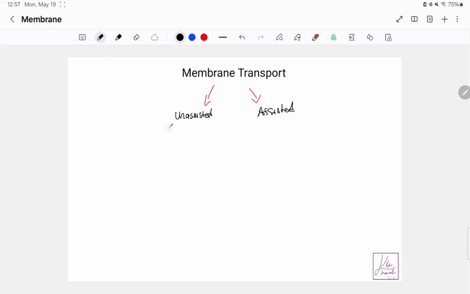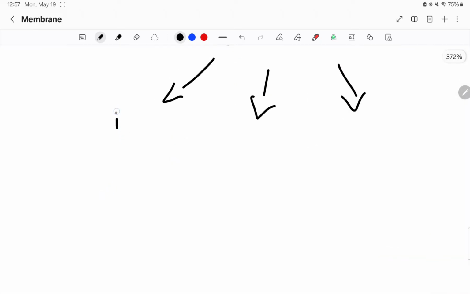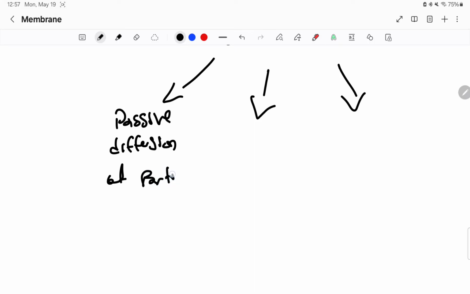Let's talk about unassisted first. In unassisted membrane transport, you can split it up into three. One being the passive diffusion of particles, and that's things like, for example, O2 and CO2.